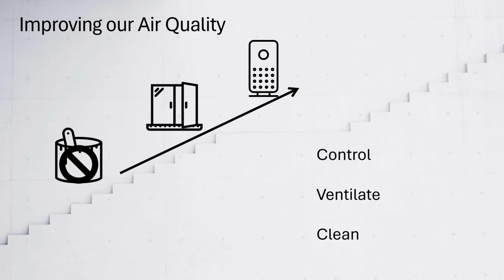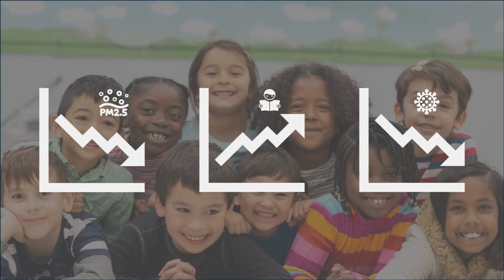And when needed, we supplement the ventilation with air cleaning, like using filters in the ventilation system or even standalone portable air cleaners in a room. Using this three-headed strategy can help us reduce indoor air pollutants, improve performance in teaching and learning, and can help prevent respiratory infections due to airborne pathogens.